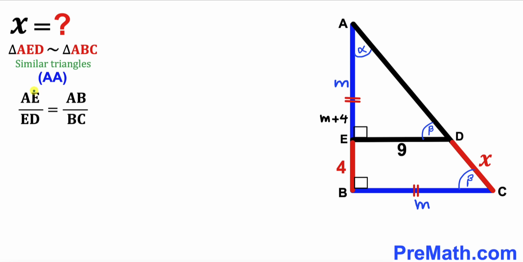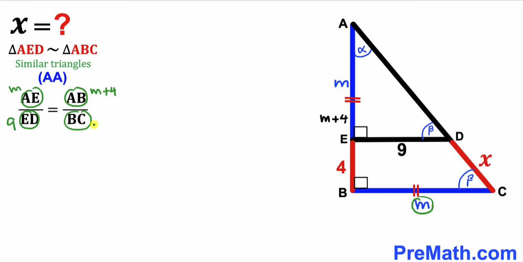AE length is m, the segment ED length is 9 units, AB side length is m plus 4, and BC side length is m.